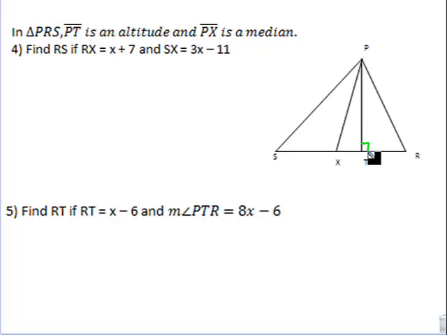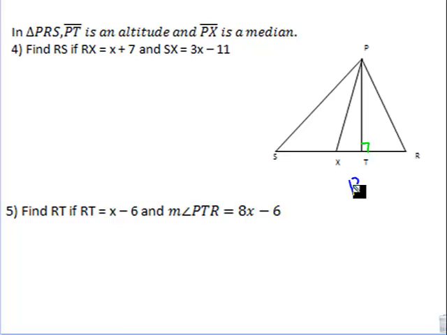Then PX is a median. A median goes from the vertex to the side opposite, and it hits at the midpoint. So that means X is the midpoint of that opposite side SR. If X is that midpoint, that means SX has to equal XR. So we also want to indicate that on our diagram.